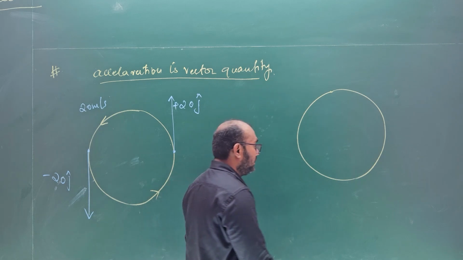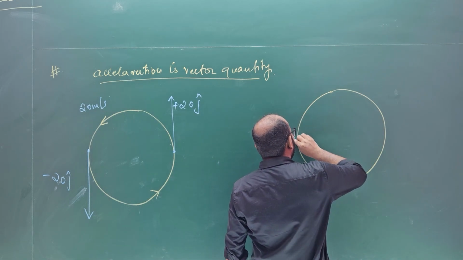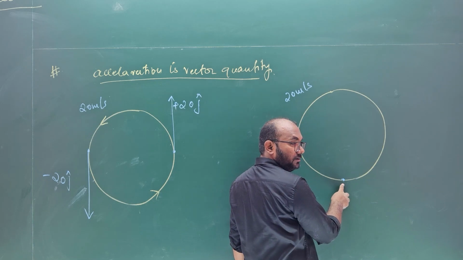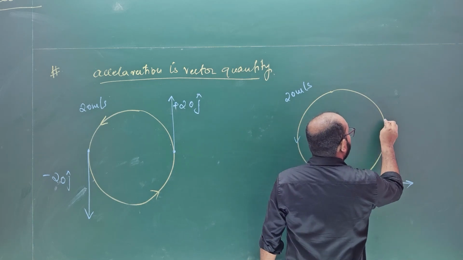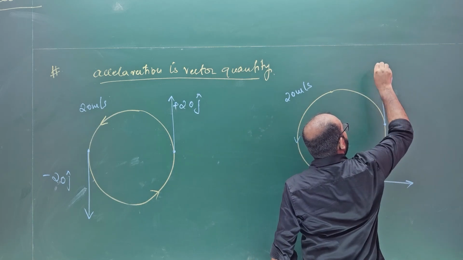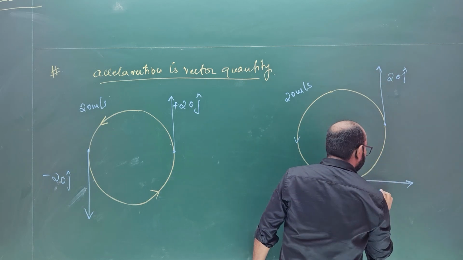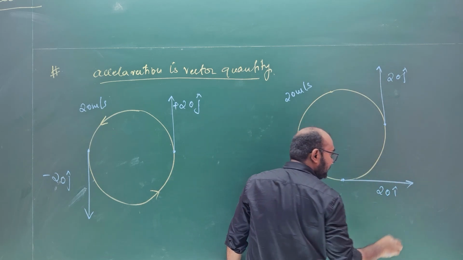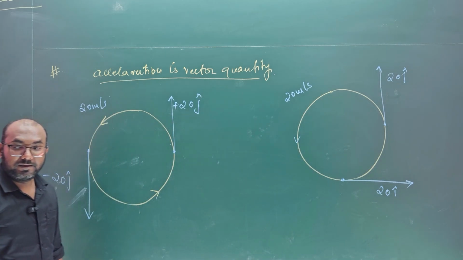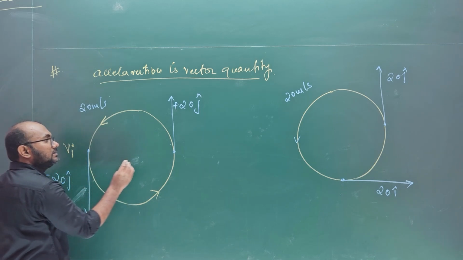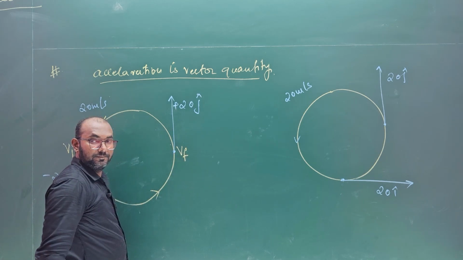Okay. Now at this point, again the body is moving in this direction by 20 meter per second. At this point here, and at this point exactly upward. Can I say this is nothing but 20 j cap and this is nothing but 20 i cap? Okay, now can I say this is your initial velocity and this is your final velocity?